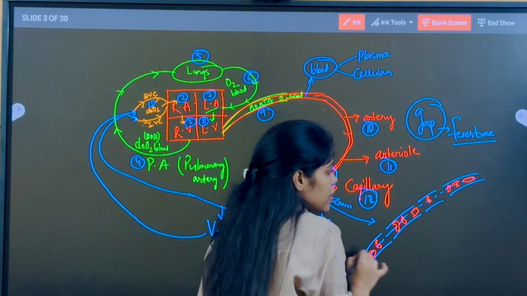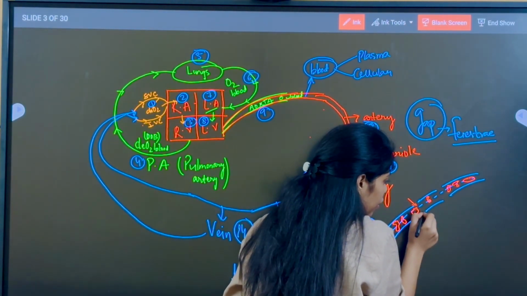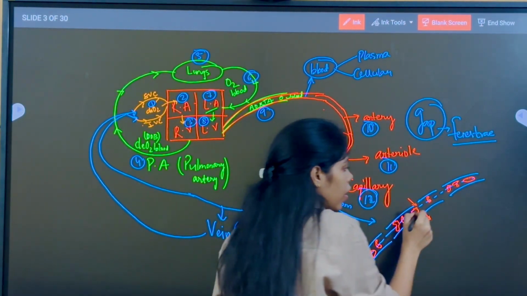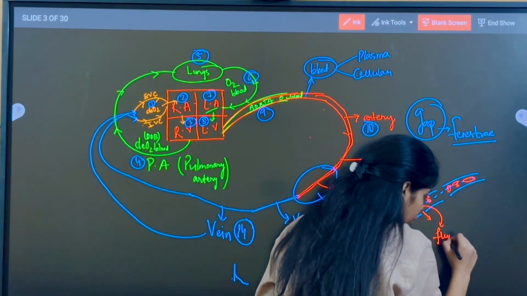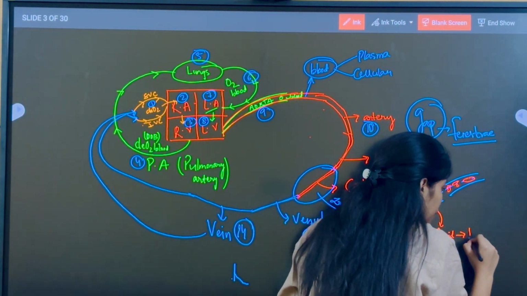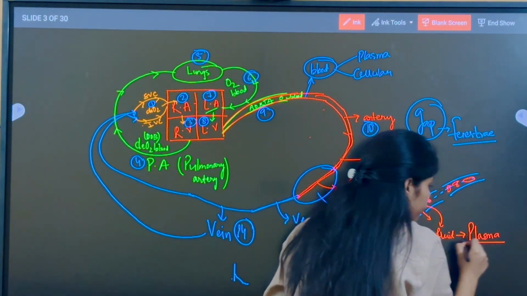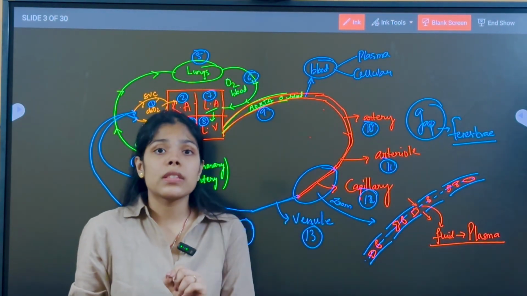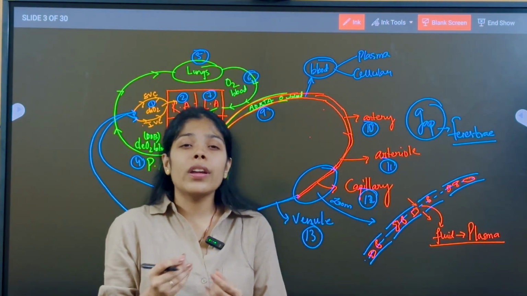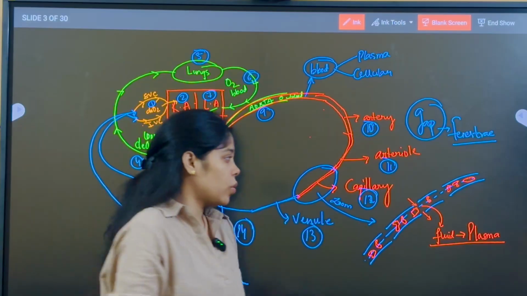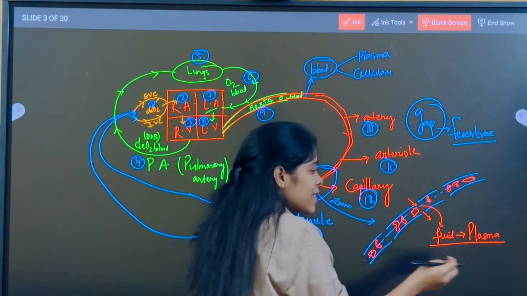So what happens through this fine gap? The fluid portion, that is our plasma. Plasma is straw in color. Fluid plasma है.